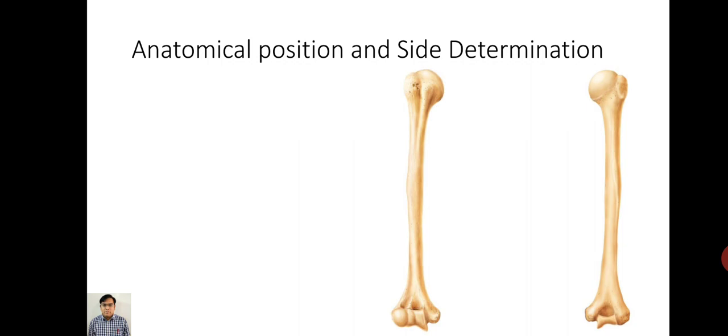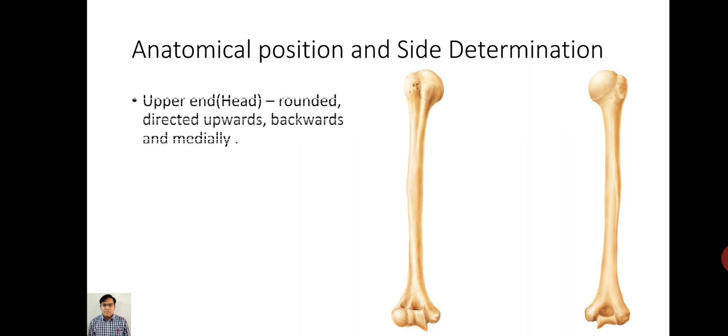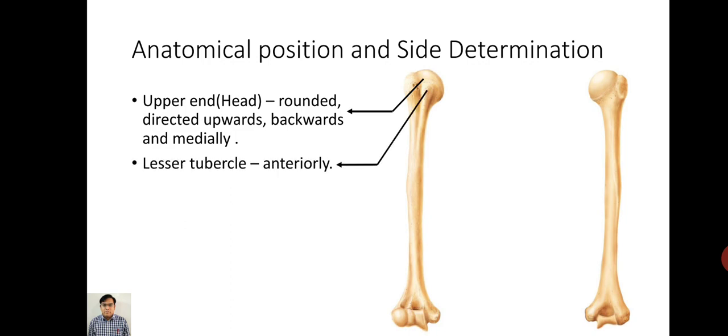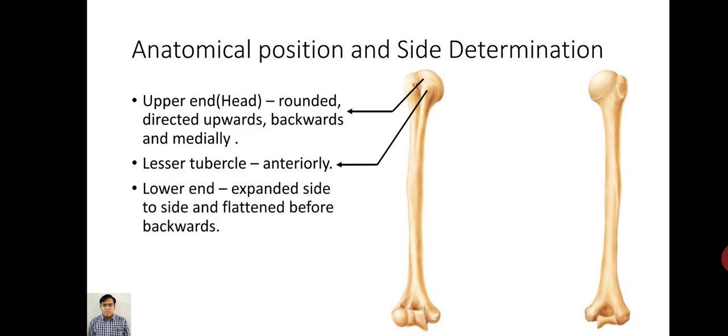Now the anatomical position and side determination. The upper end or head is rounded and is directed upwards, backwards and medially. So this is the upper end. The lesser tubercle faces anteriorly. So this is the lesser tubercle. The lower end is expanded from side to side and flattened from before backwards.